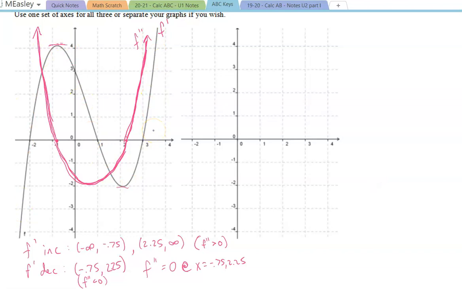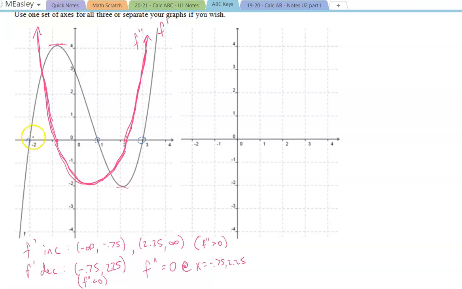So, using information from the original graph that was given, we know that f must have extrema here, here, and here, because if f prime is changing signs, then f has a max or a min.